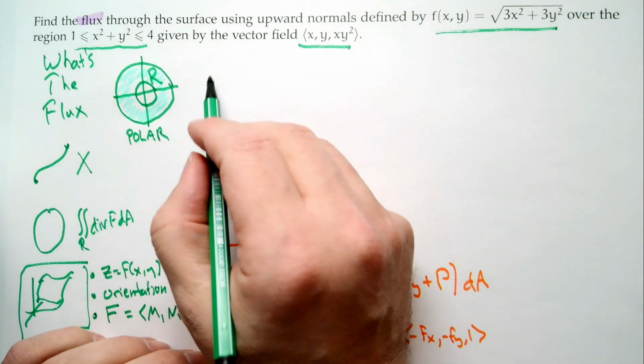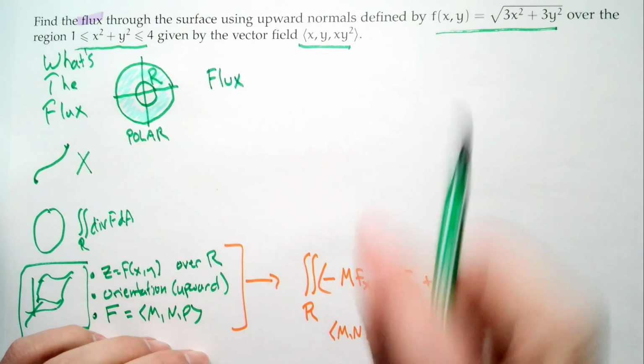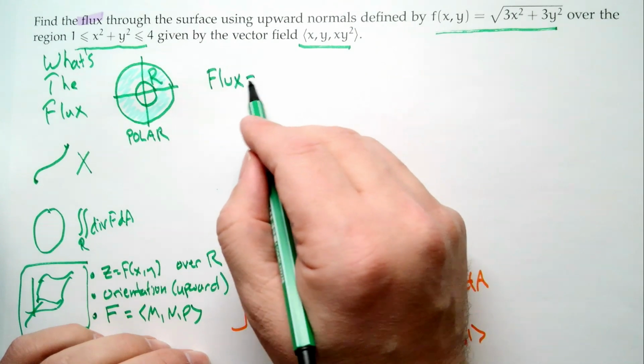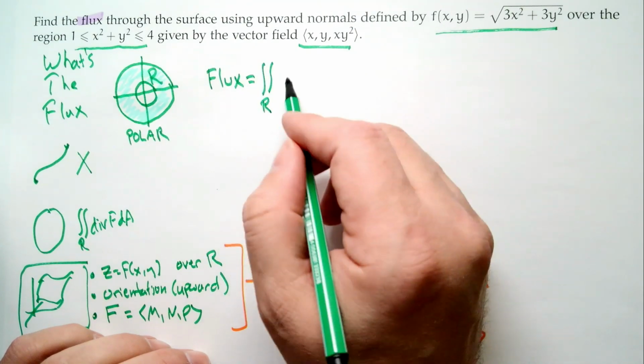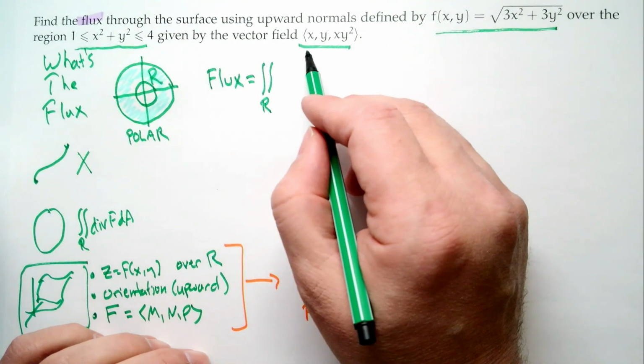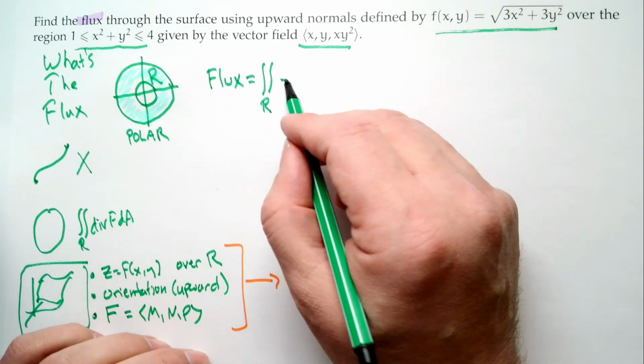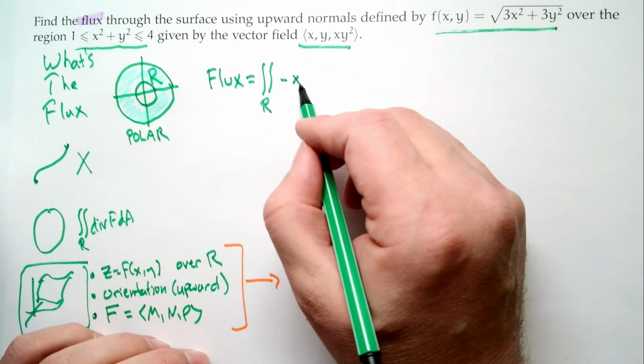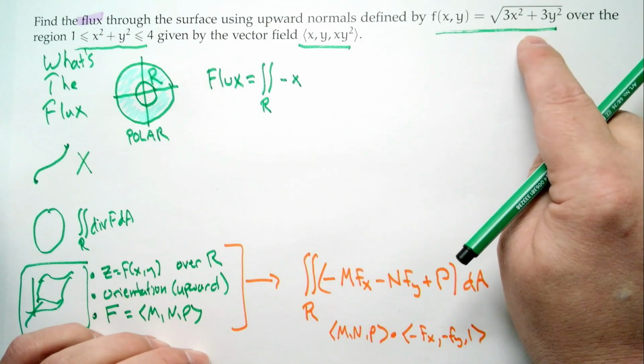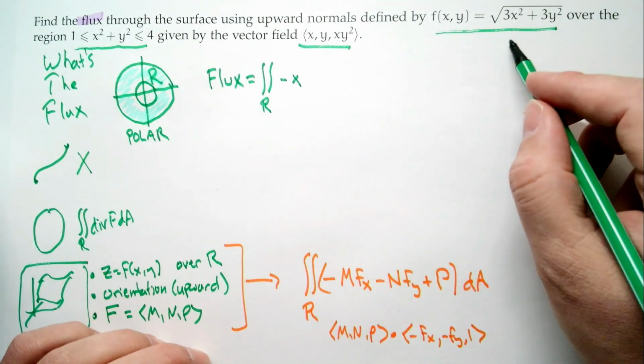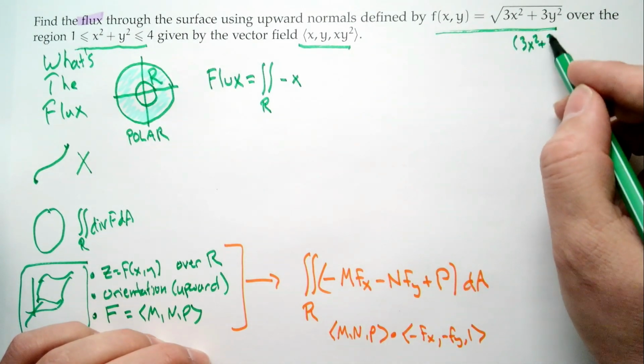All right. So our flux, following the formula, is the integral over our region of minus M f_x, where M is x, times f_x. Well, f is the square root of 3x squared plus 3y squared.